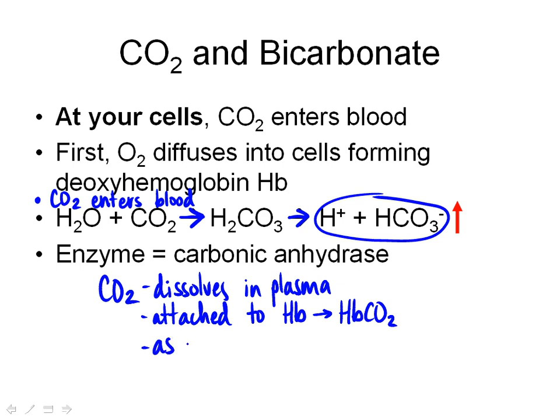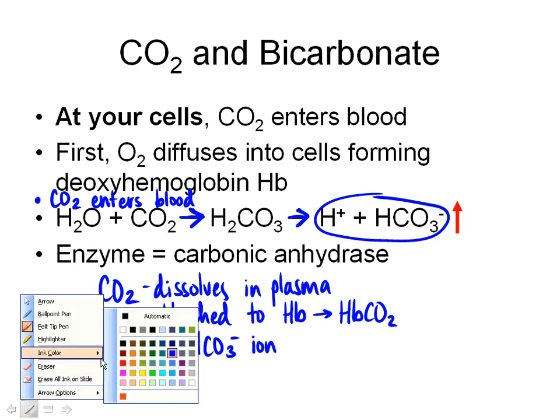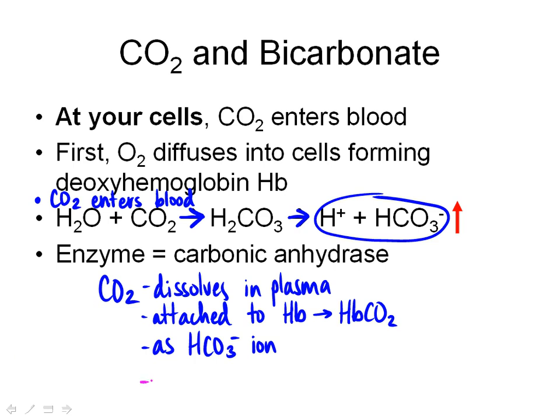It dissolves as HCO3, that bicarbonate ion. And then, in a different color, because this is not really talking about CO2, the H plus joins with hemoglobin as well, because we don't want to make our blood acidic. So there's also this other little reaction where we get that reduced hemoglobin, HHb, just so we don't make things too acidic.